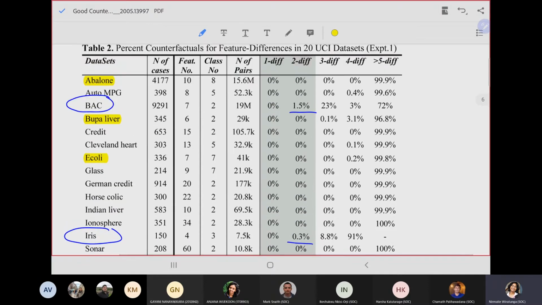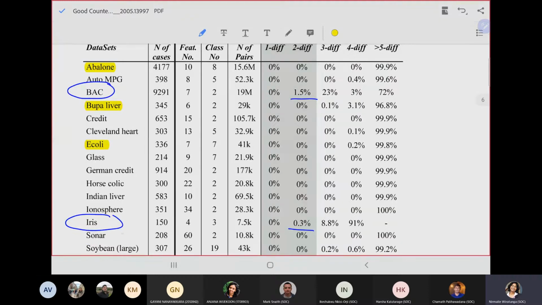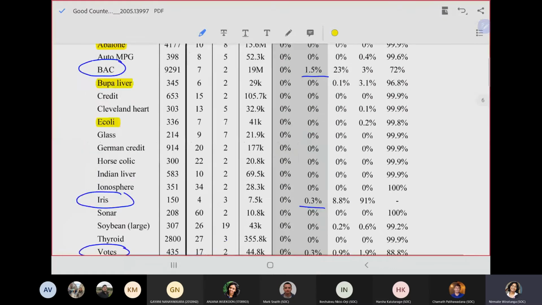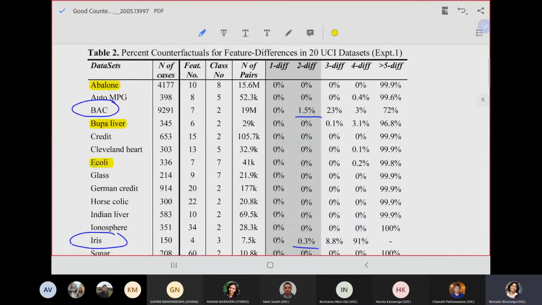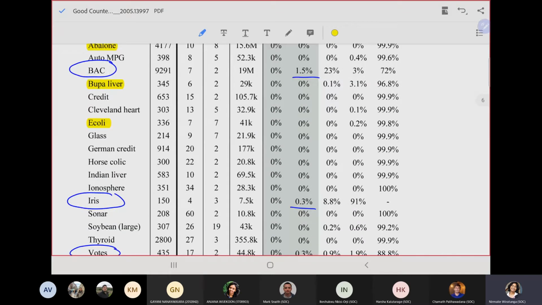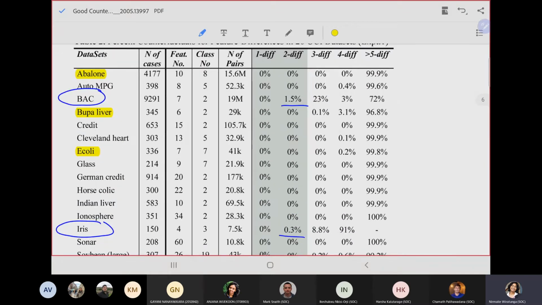So another way of thinking about this is that data sets where you would get this type of nearest unlike neighbors must be data sets that are difficult, because they have to have cases that are in the boundary. So to me, this in a way suggests that the iris and the votes are probably slightly harder data sets than the other data sets, because that's why they have some cases in the boundaries while the others don't.